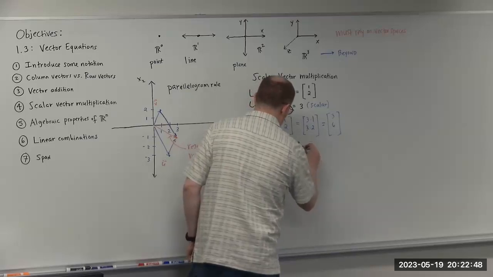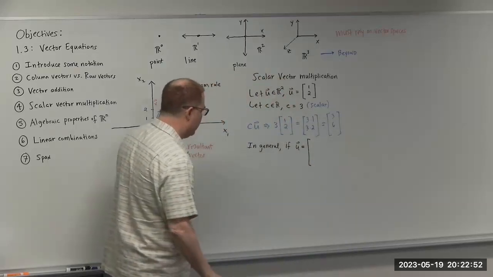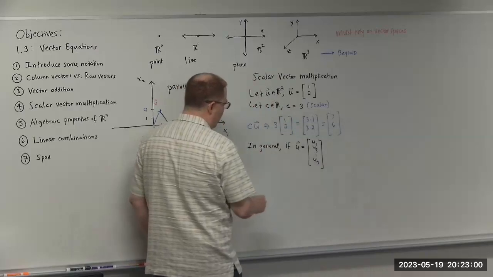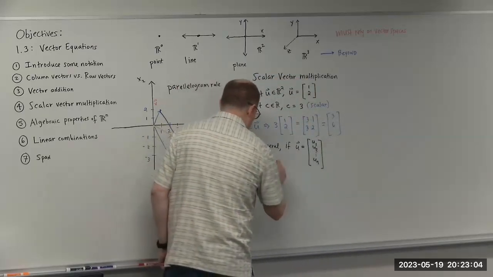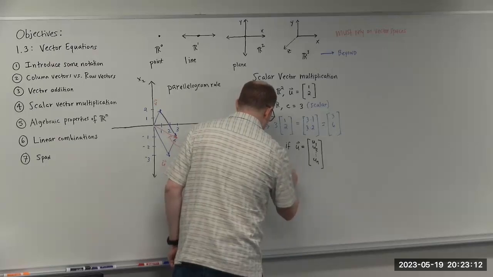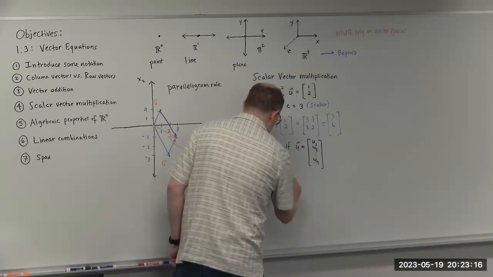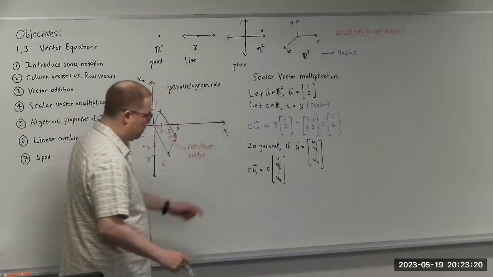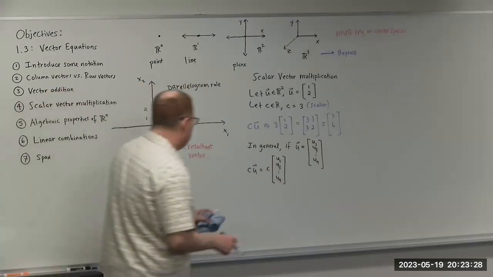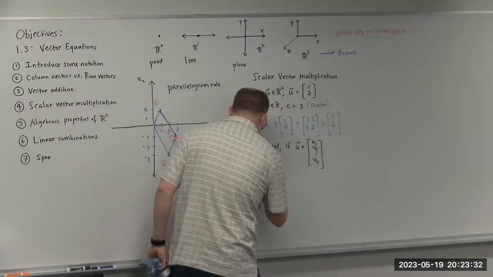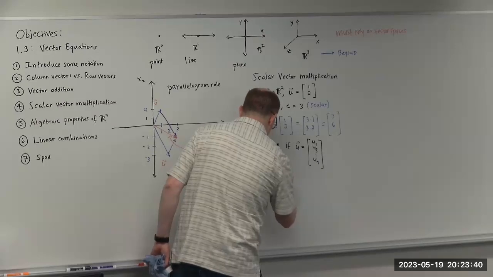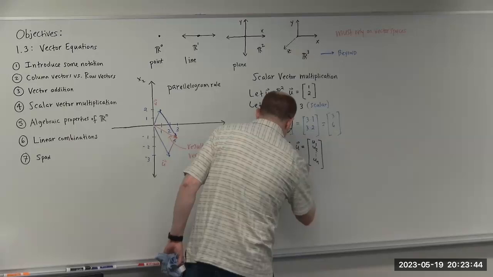So in general, if u is in R^n, and again, if we have our scalar value C, then C times u is going to give us, we're basically going to distribute the constant through each of these entries.